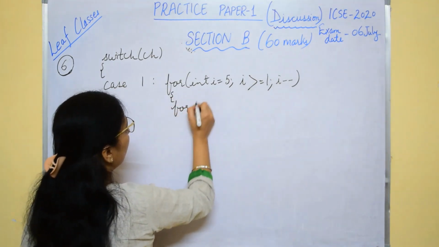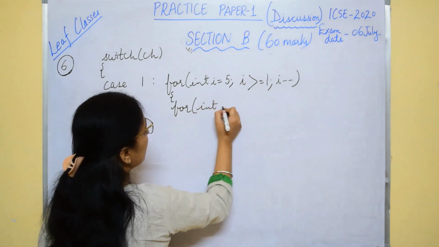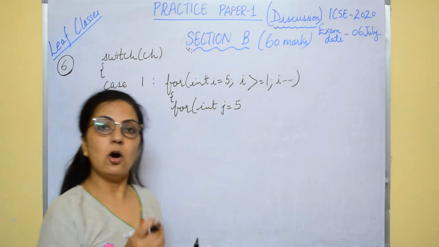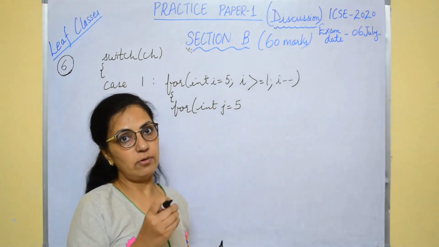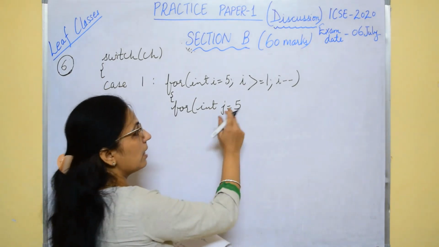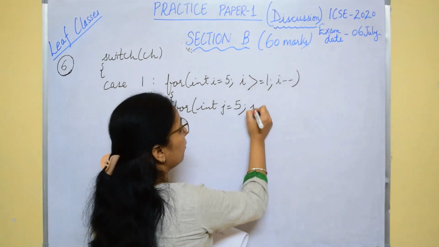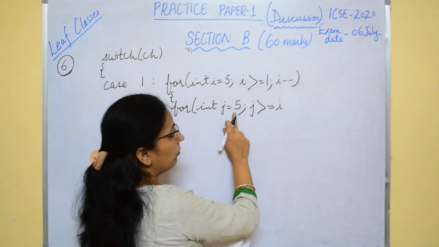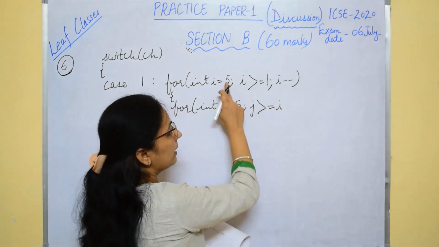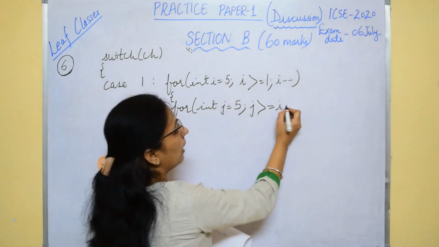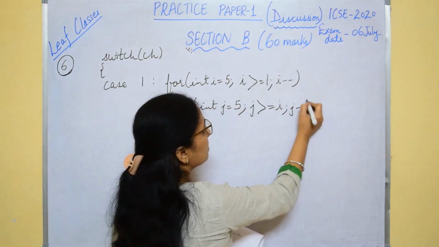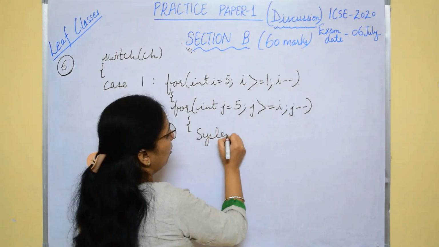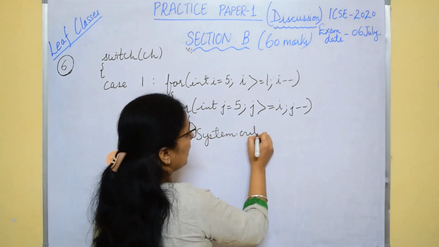Then the inner loop, for int j equals 5. Every time, in all the rows, the first value is 5, so the inner loop starts from 5. j greater than equals i. The first time 5 to 5, the second time 5 to 4. Then j minus minus, and here we will print the value of j.